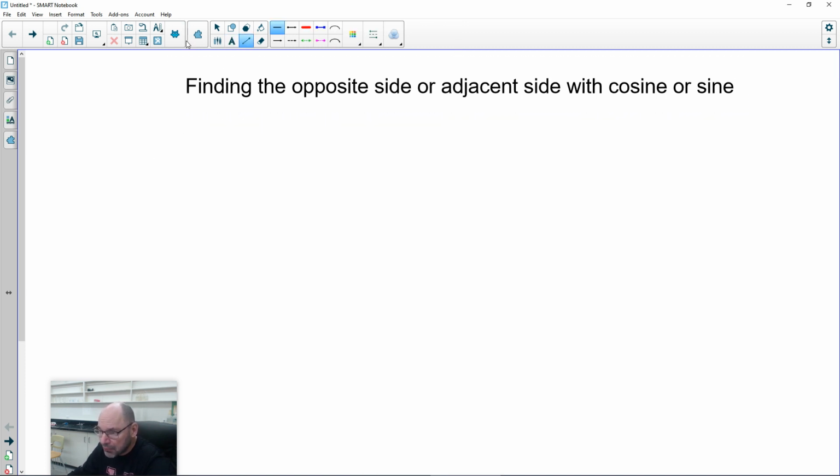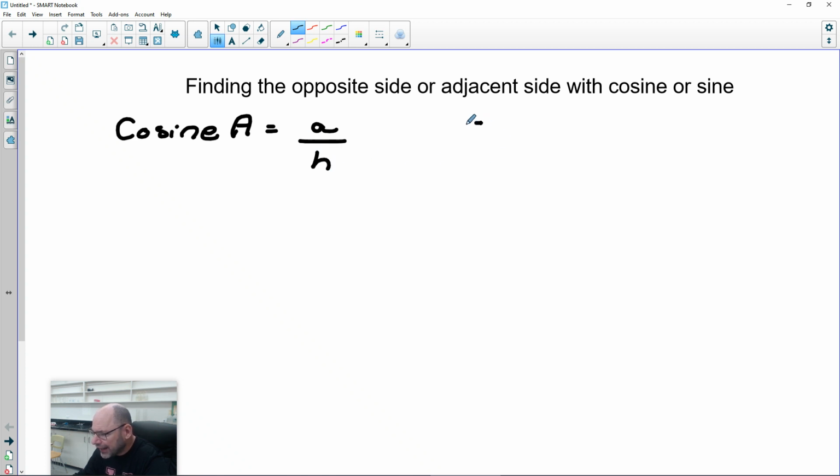So remember, first of all, that cosine of an angle, we'll say A, equals adjacent over hypotenuse, and sine of an angle, we'll say A, is opposite over hypotenuse. So you're going to be given the hypotenuse and the angle A, and you're going to have to calculate the adjacent side.